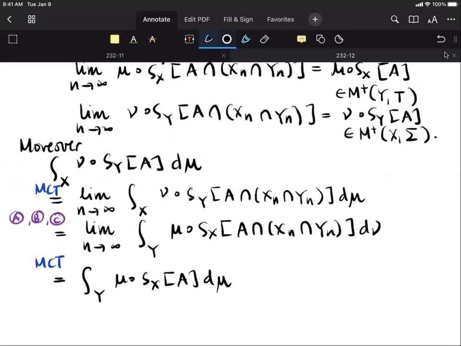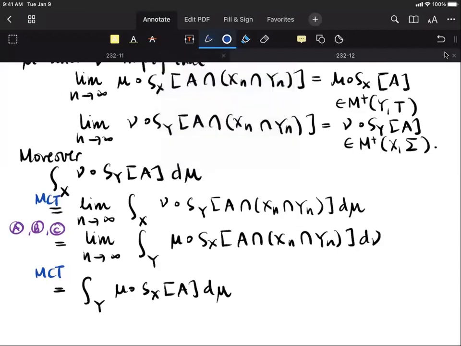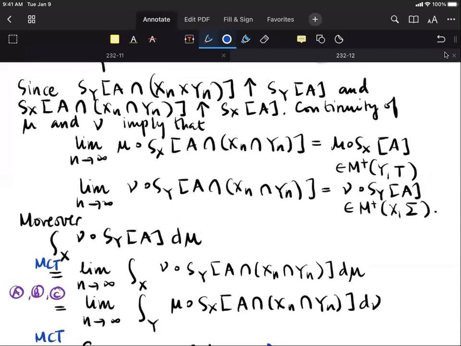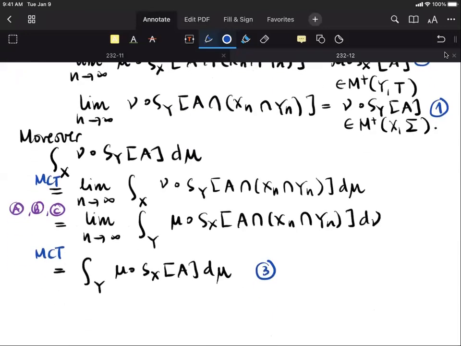And this is the third property. This is the second, and then I think this is the first. Therefore, the three properties stated by the theorem are also valid in the sigma finite case. And this establishes the theorem.